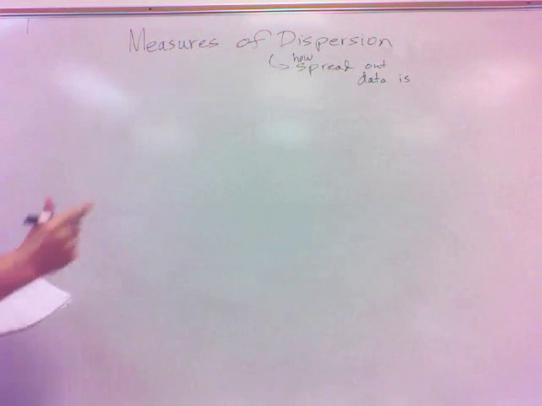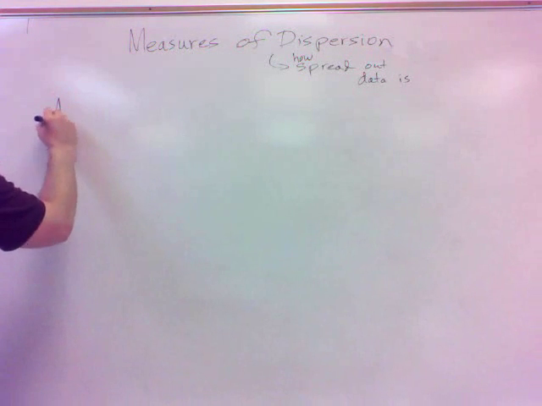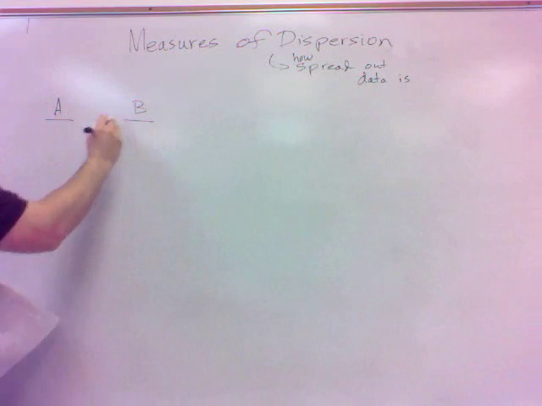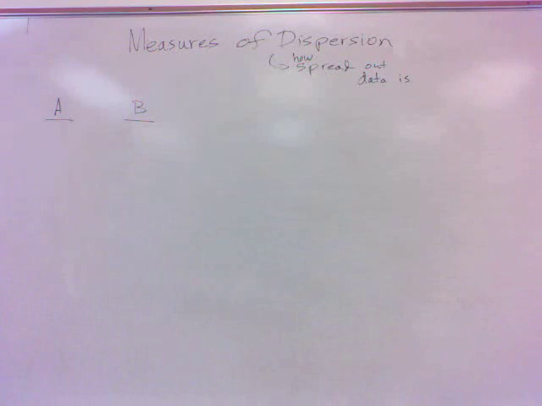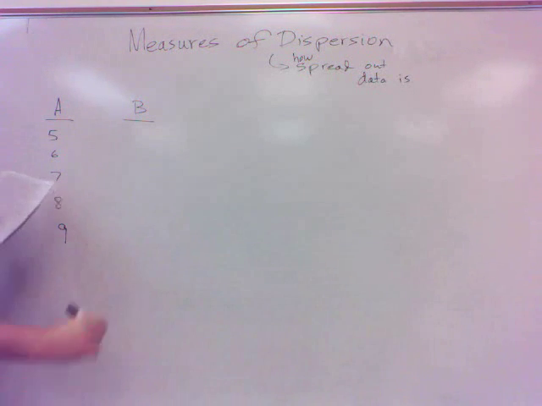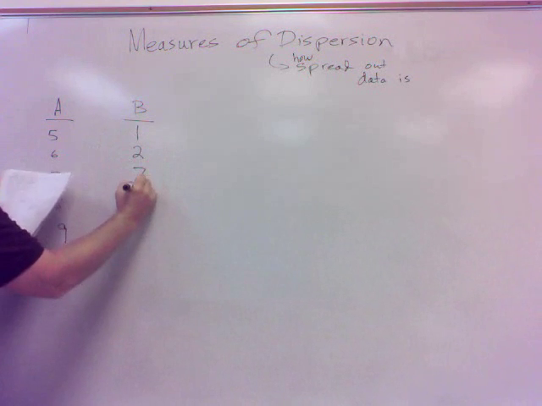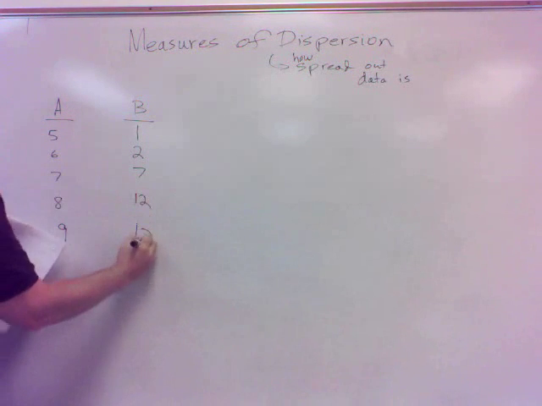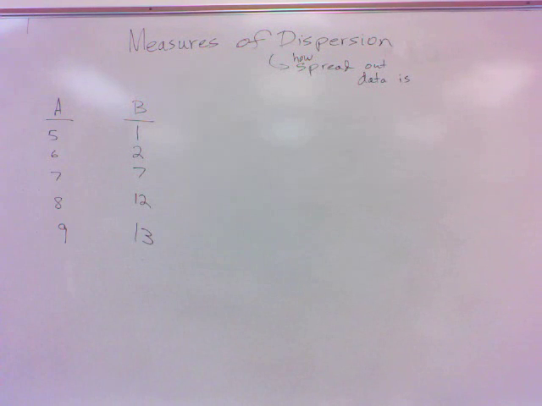Here is why we might need to talk about such a measure. Say I have two distributions here, A and B, and distribution A has these values, 5, 6, 7, 8, and 9. B has 1, 2, 7, 12, and 13. Somebody tell me what X bar is here, the mean.